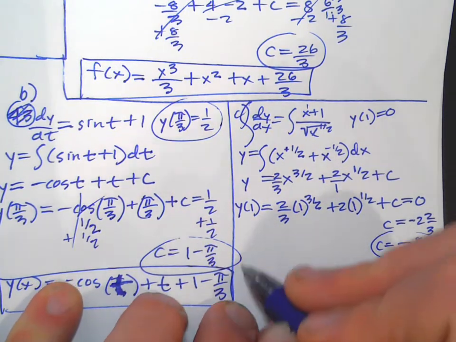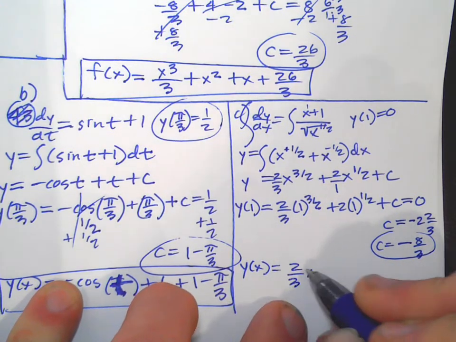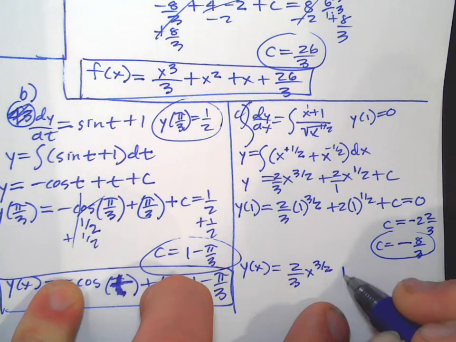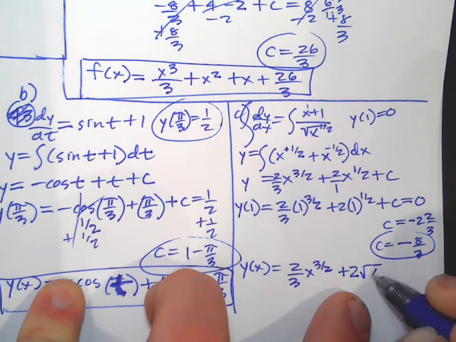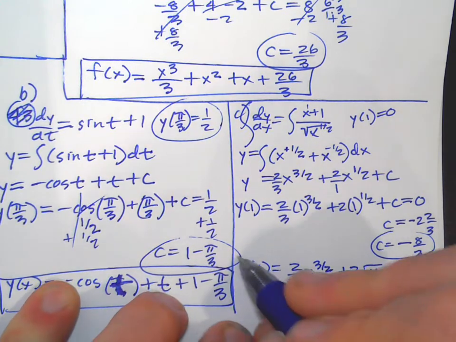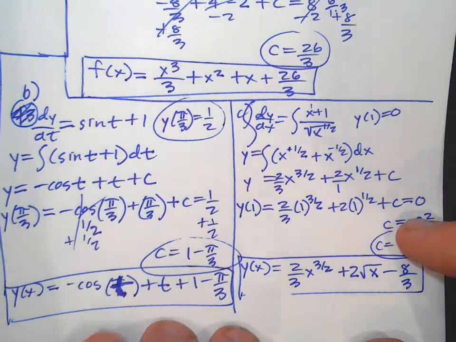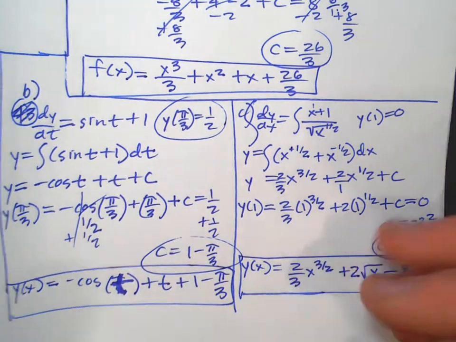Right? So your final answer for y of x equals 2/3 x to the 3/2 plus 2 square root of x, if you want, or x to the 1/2, minus 8/3. Okay. All right, so that was 41, parts A, B, and C.